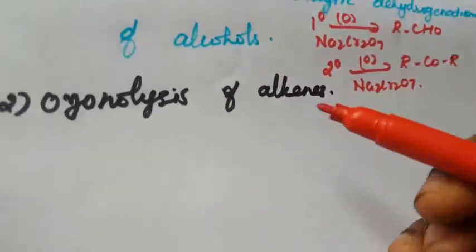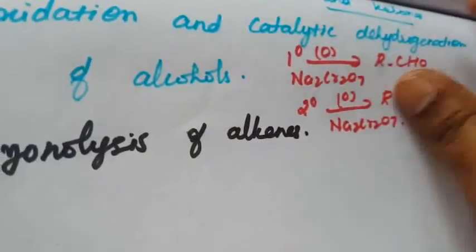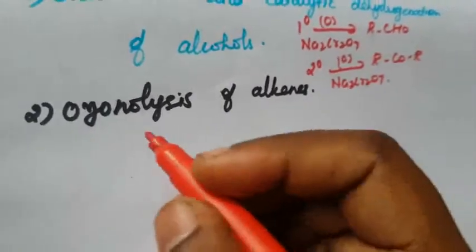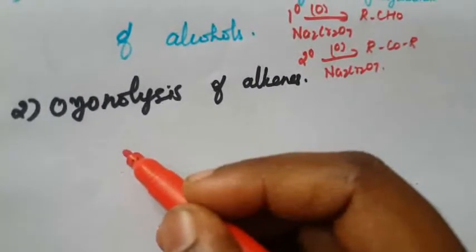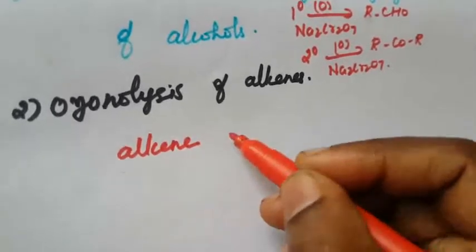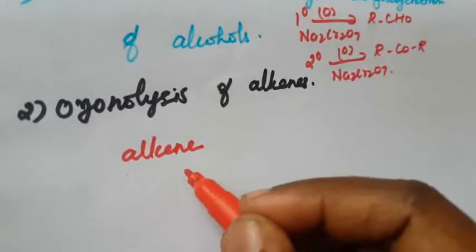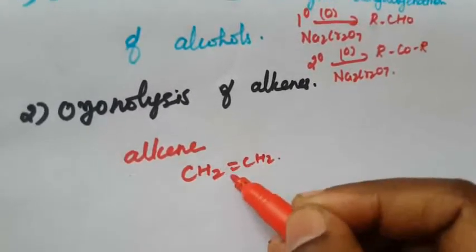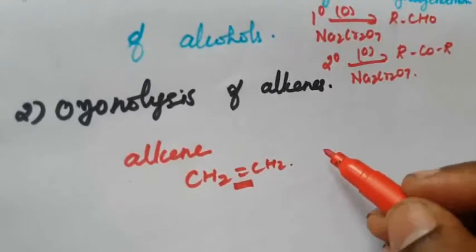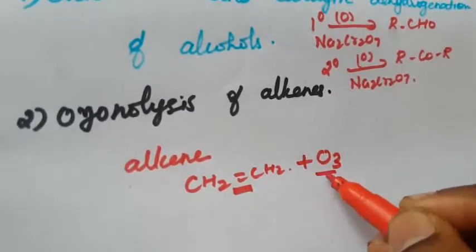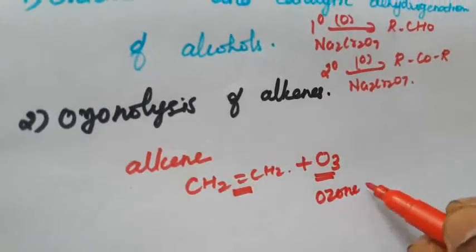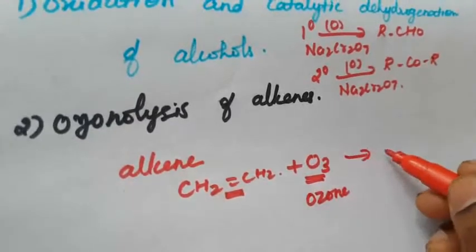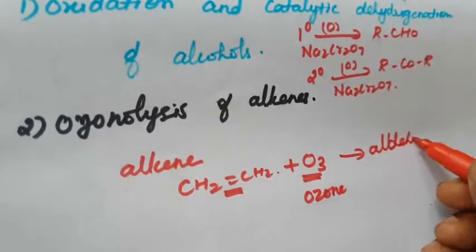Next one is ozonolysis of alkene. What is meant by ozonolysis? The alkene compound, with a double bond such as CH2 double bond CH, reacts with ozone. Lysis means breakdown. Breakdown of the alkene compound gives aldehyde and ketone.